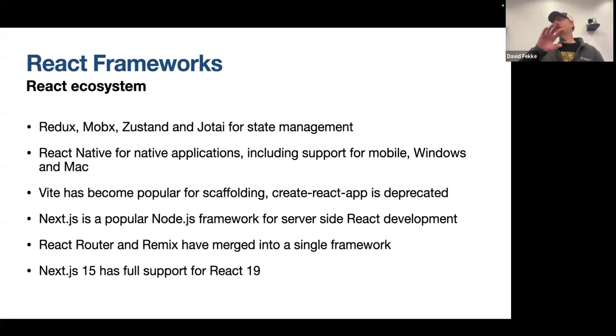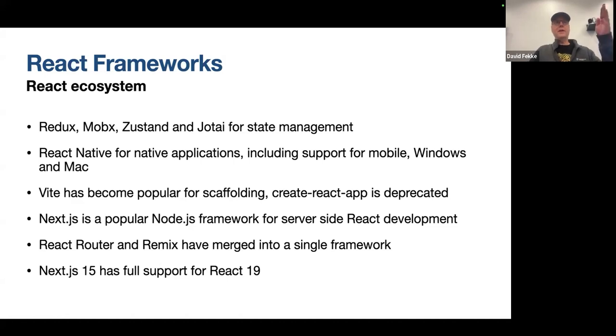So there are a lot of different ecosystems and ways that you can build. React is mainly a front end technology for building out applications. A lot of times, toolkits like Redux and MobX and Zustand and Jotai can be married to your React applications to handle the business logic. React Native has become very popular for doing all kinds of native applications.